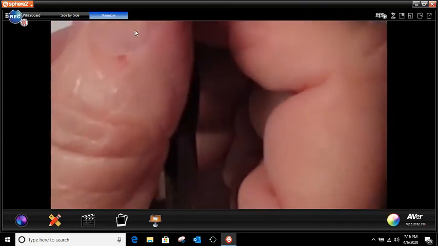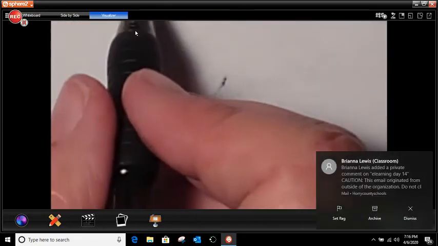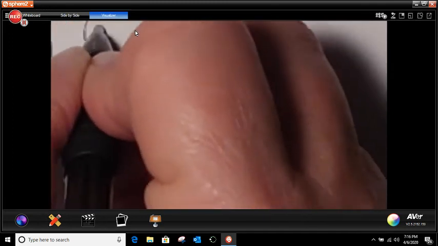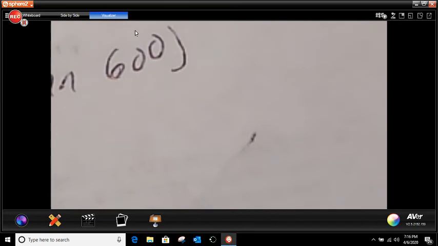VBF equals VAI sine 60 degrees. So you're going to find out what your VAI is, and then you're going to sine it by 60. So that is 4.00 meters per second sine 60 degrees to give me the answer that I'm looking for.